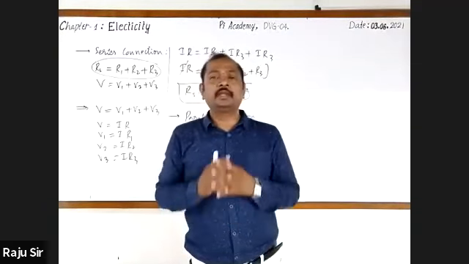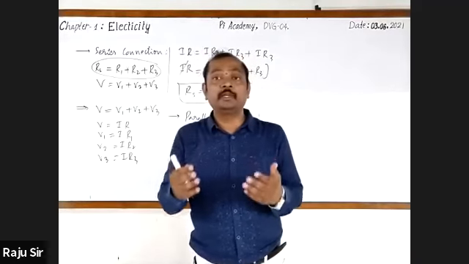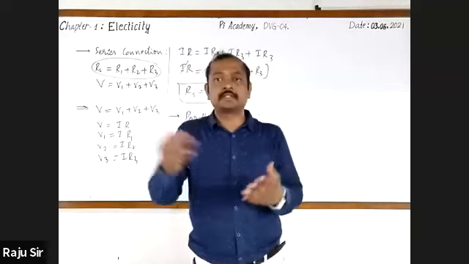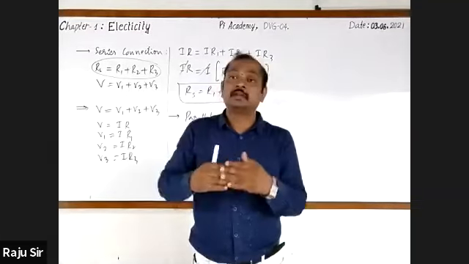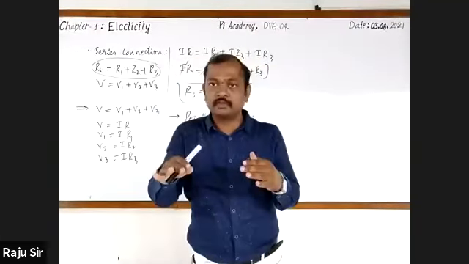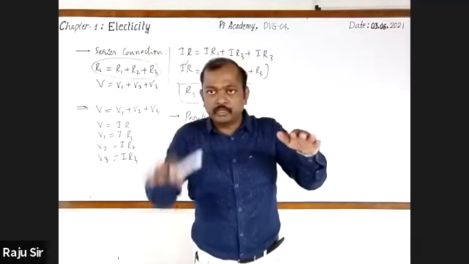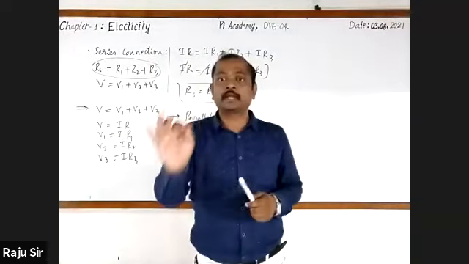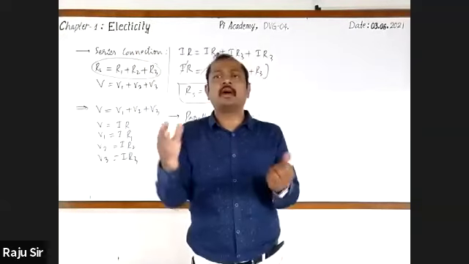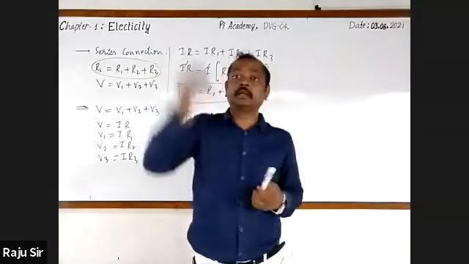In case of parallel connection, what will be the net electric resistance, does it increase or decrease? You know that as they are connected in parallel, it decreases. Total electric resistance decreases. Obviously, the current increases.